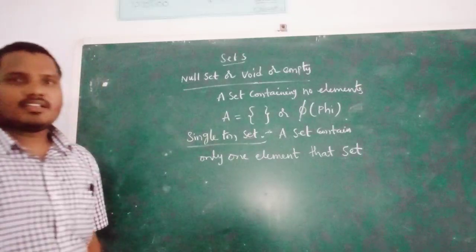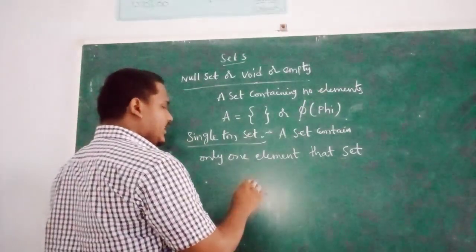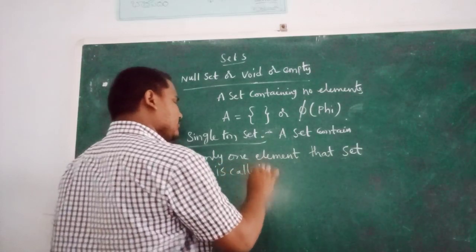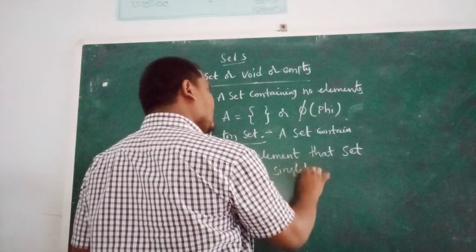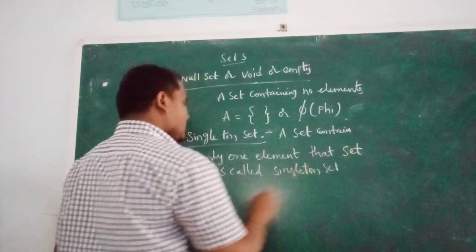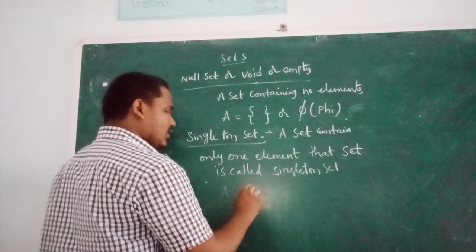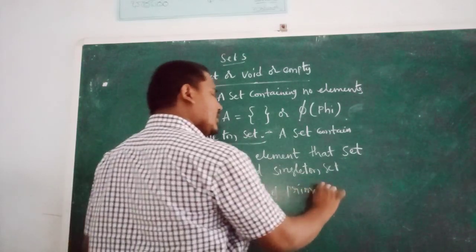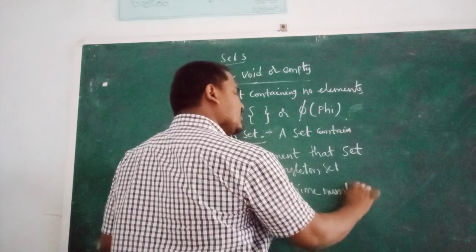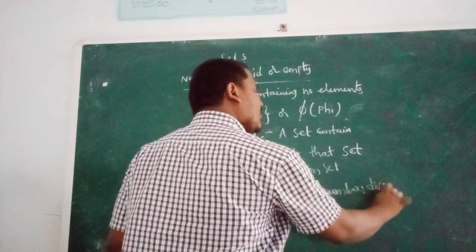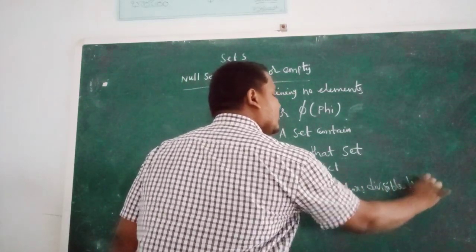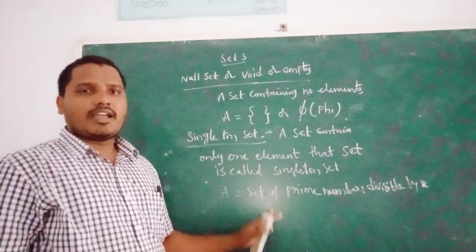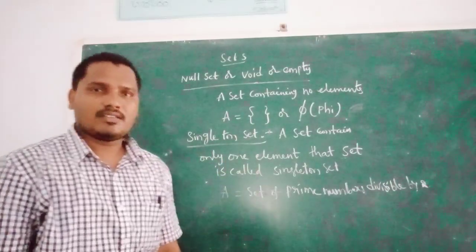For example, A is equal to the set of prime numbers divisible by 2. The set of prime numbers divisible by 2 is an example of a singleton set.